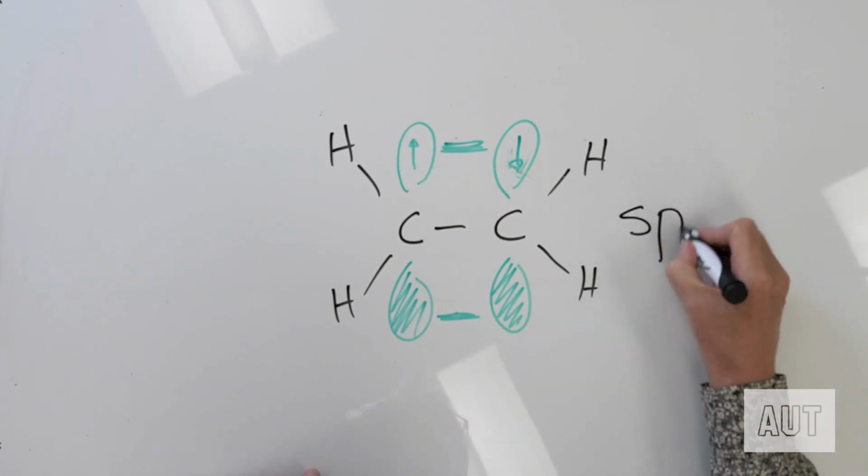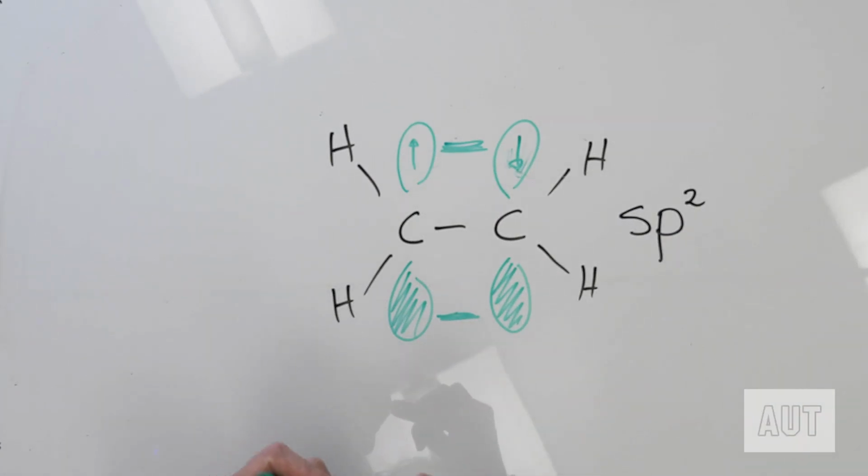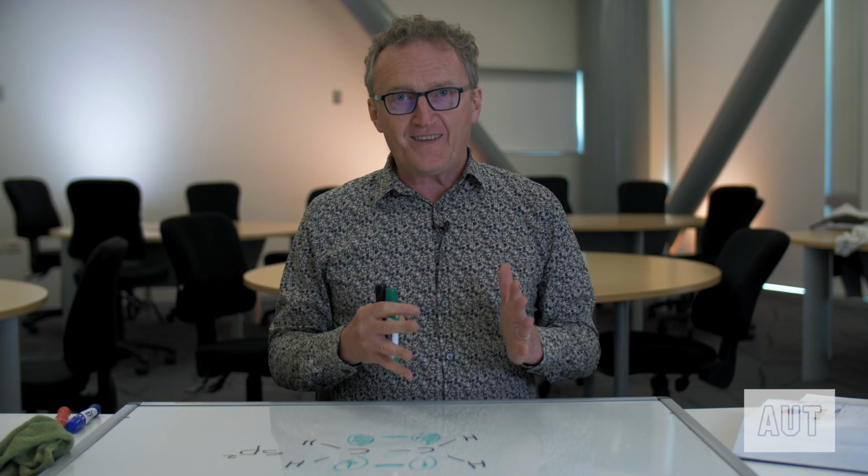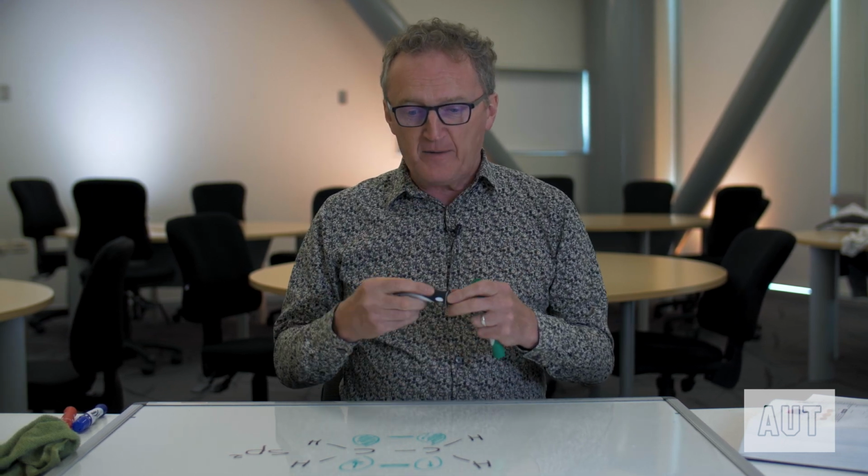So we have perfectly replicated what we know experimentally about the ethene molecule, again, simply by utilizing these hybrid orbitals. In this case, sp² hybrid orbitals.